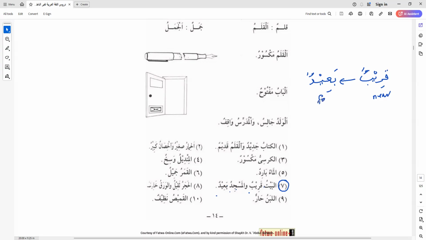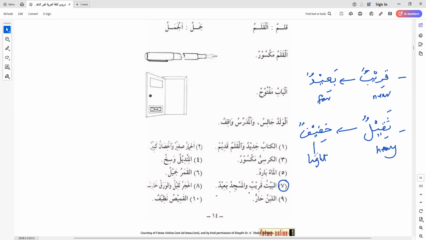It's far away. And then we also learn ثقيل. That is heavy. If you are not heavy, you are light. So you are خفيف. Heavy and light.